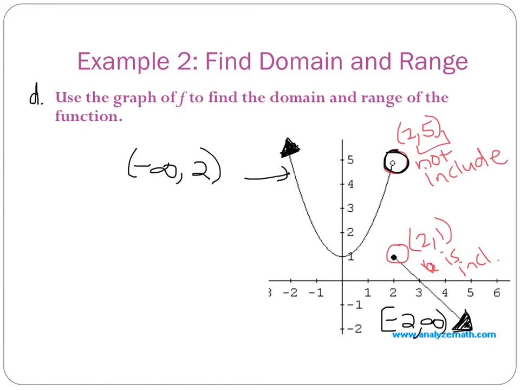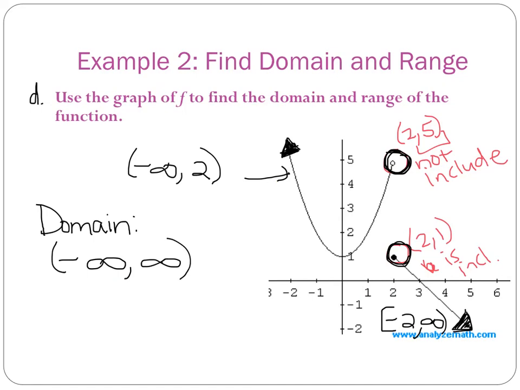So when I look at the domain of my function, even though we have some discontinuity or a break in our graph, this hole is then picked up by this x value here at 2. So when I state my domain, I can say my domain is negative infinity to positive infinity only because this jump discontinuity, this hole here, jumps down and then is picked up by this closed hole at x equals 2.